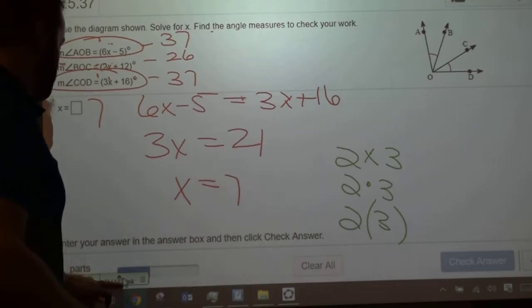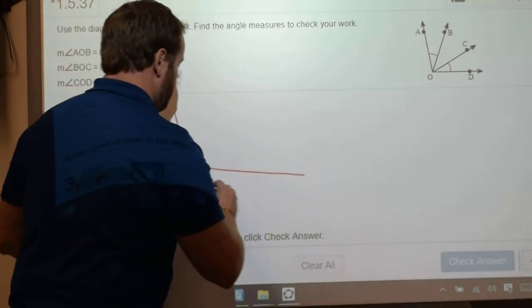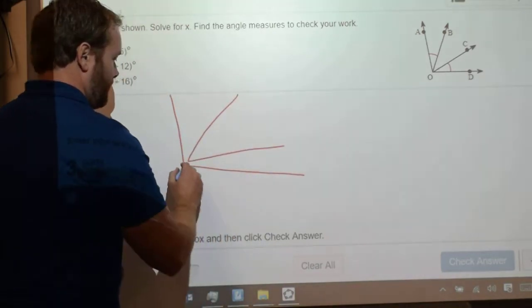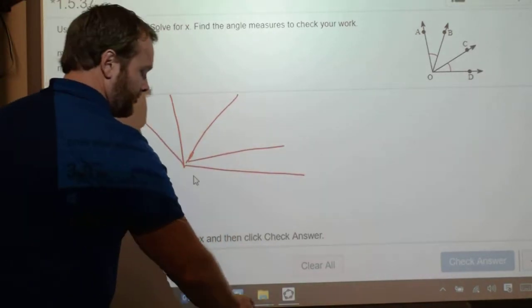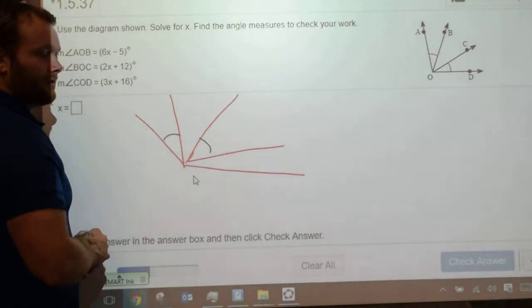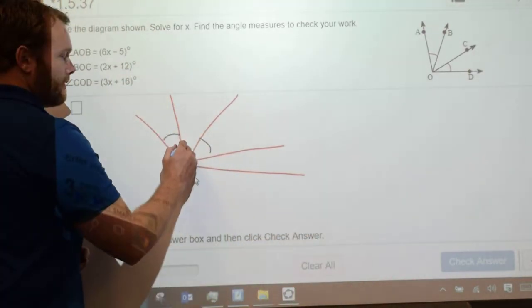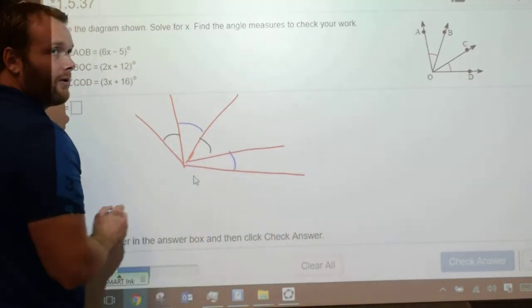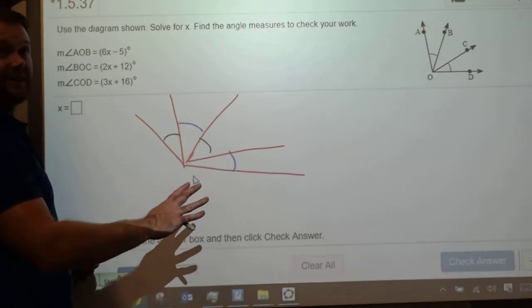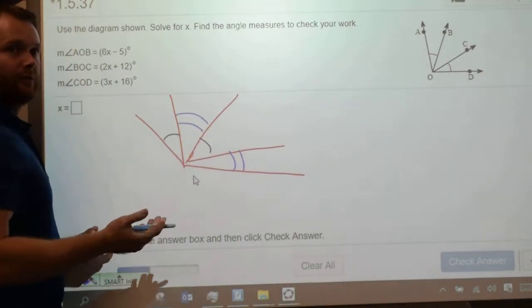Let's say we've got a different picture here where we've got maybe all of those angles. Let's say that one is congruent to that one, but then we want this one here to be congruent to that one, but not all 4 of them to be the same. So to differentiate, they'll do that. They'll put 2 different arcs in there.